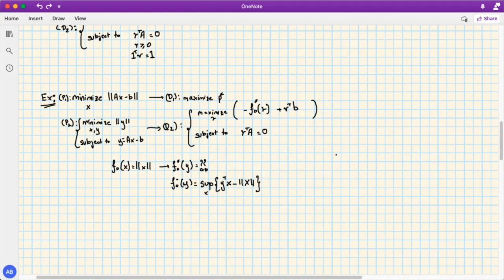So the dual norm of y, by definition, let me write that down here, and we will denote it as the norm subscript star. That means the dual norm of y. It is the supremum of y transpose z, of course supremum over z, on the unit ball. So when the norm of z is less than 1.